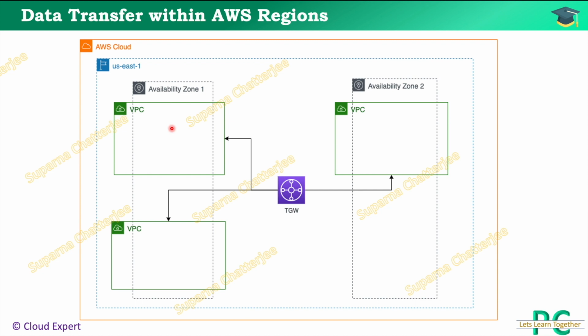As you know, AWS Transit Gateway allows you to create a hub and spoke model to integrate your VPCs. Now let's understand what the charges would be for this use case. Since you are using AWS Transit Gateway, it will charge you per GB of data transfer. That is the Transit Gateway data processing charge.